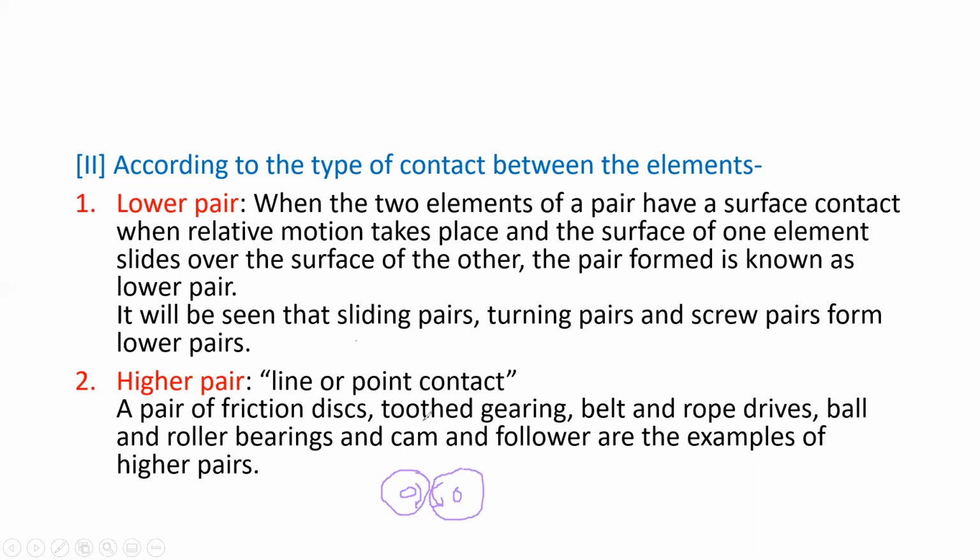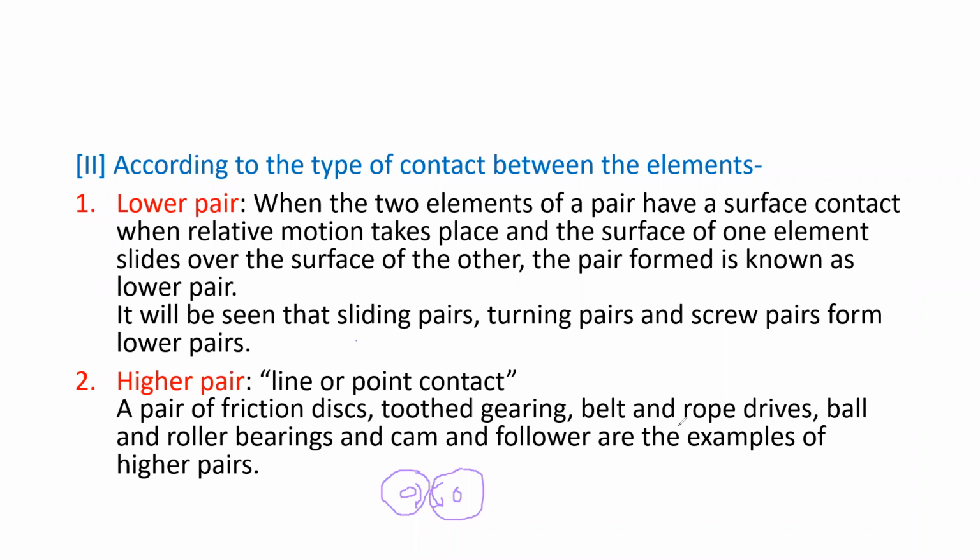Next example is gears. You know what happens in gears? The teeth of one gear engage with the teeth of another gear, and this contact is at a very small point, a small area. So you can say that gears form the higher pair.